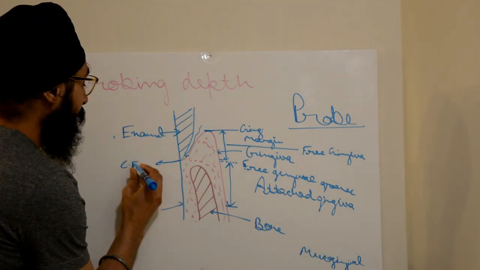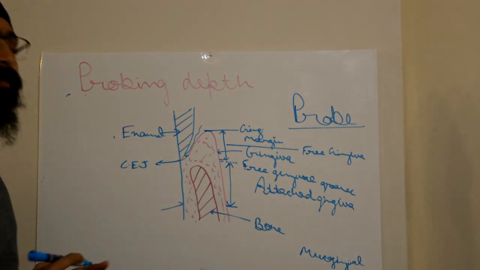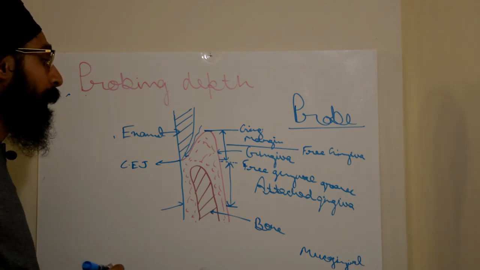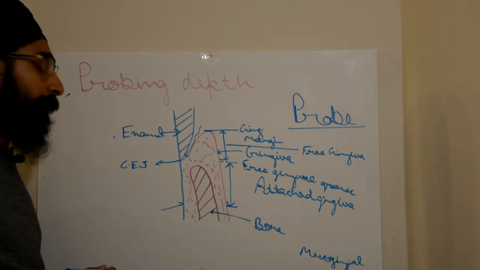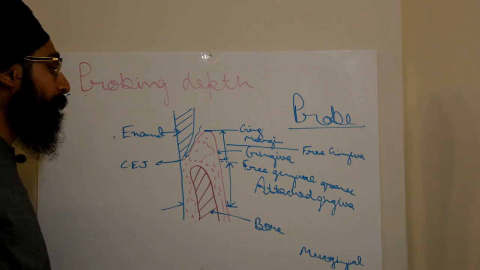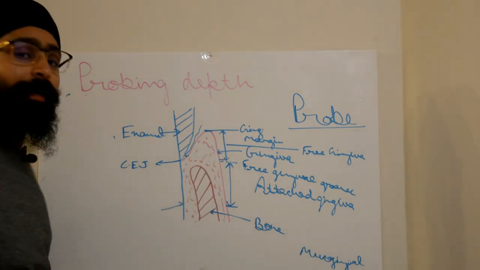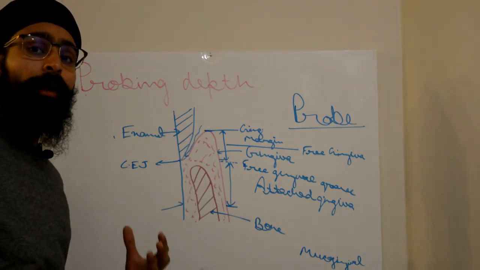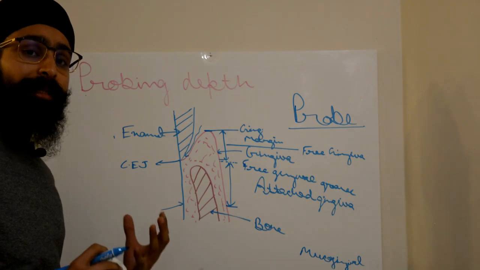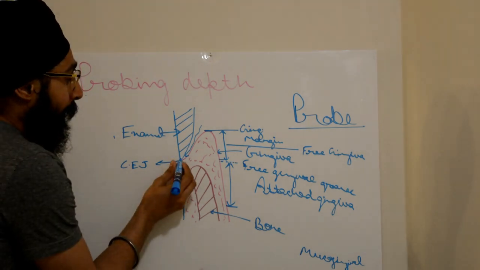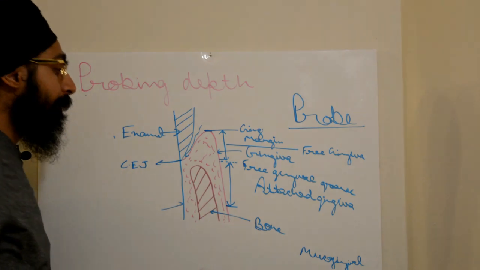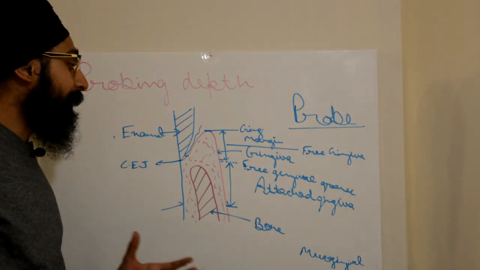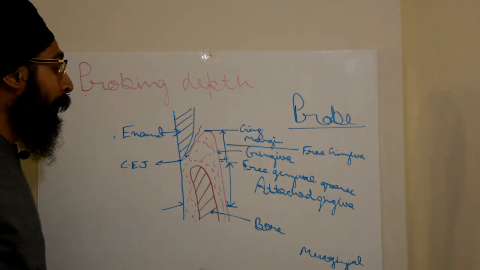Basically CEJ, or cemento-enamel junction, is considered a fixed point on the tooth from where we can take our measurements. In a healthy periodontium, the free gingiva extends coronally around the tooth, and the base of the gingival sulcus is attached at the cemento-enamel junction.